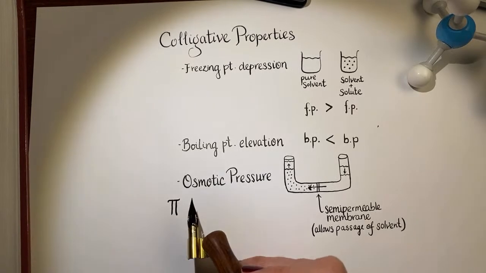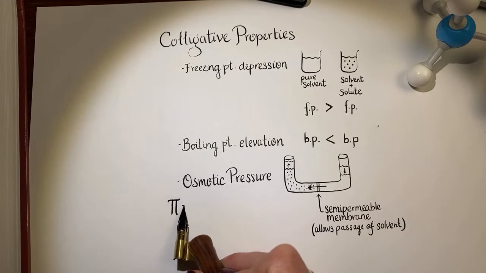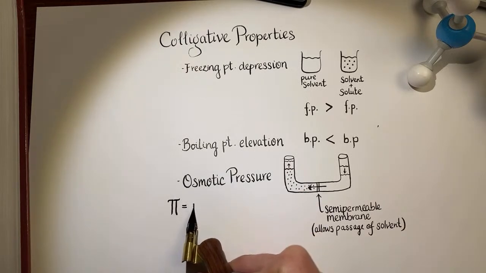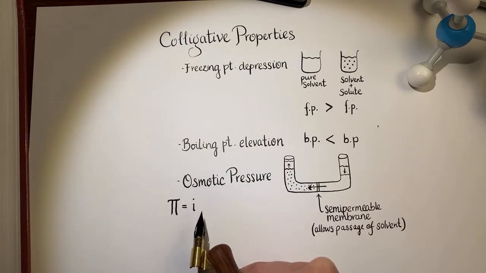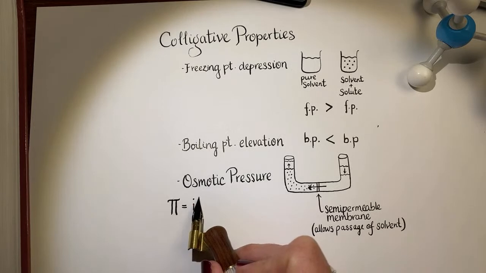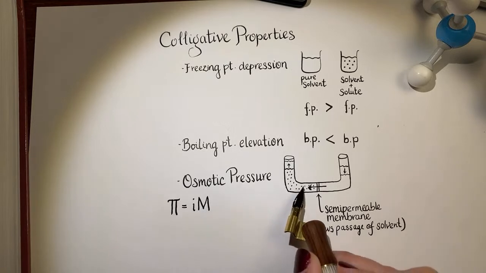So it's a capital pi. So the osmotic pressure is equal to what we call the Van't Hoff Factor. I'll tell you what that is in a moment. Times the concentration of the particles in solution.